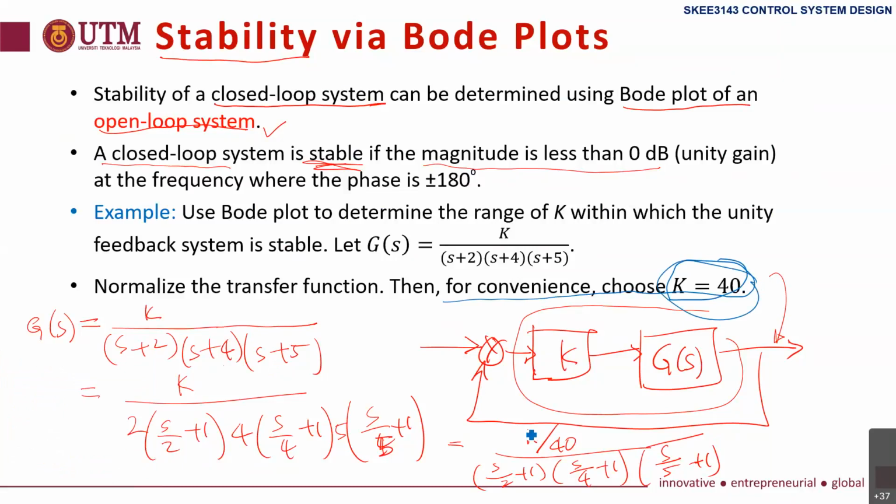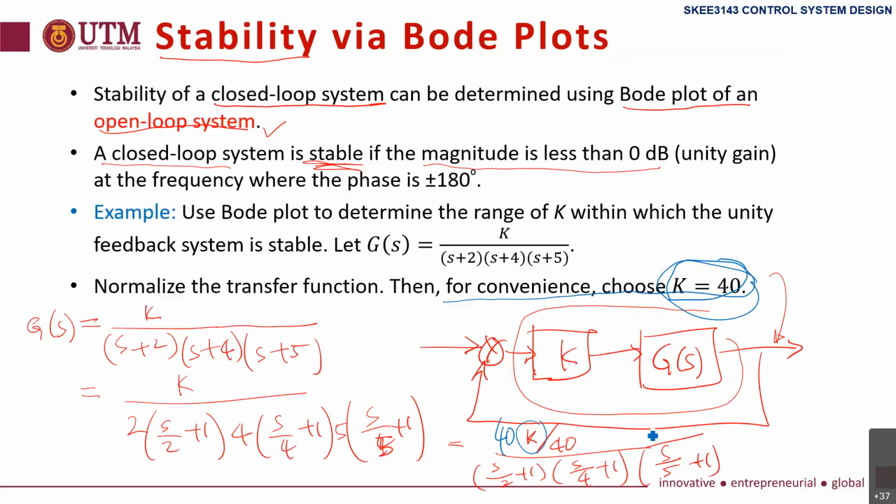Because if we use 40 here, then it will be 1 over, which is easier. 20 log 1 is 0. If you use K equal to 1, we have another component, which is 20 log 1 over 40, so it will be negative. If we choose K equal to 40, then 20 log 1 is 0, so the phase is also 0 and the magnitude is also 0.